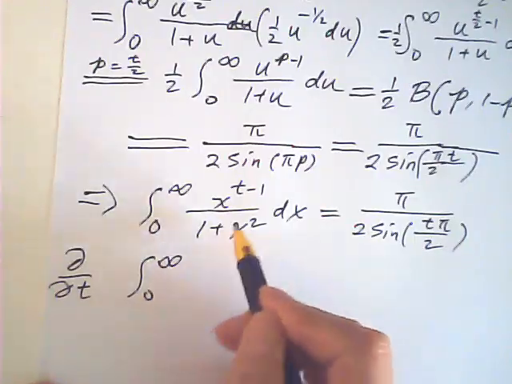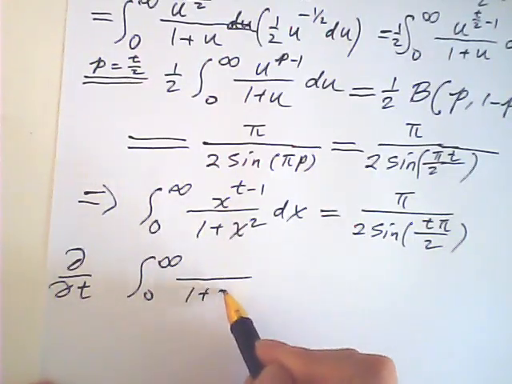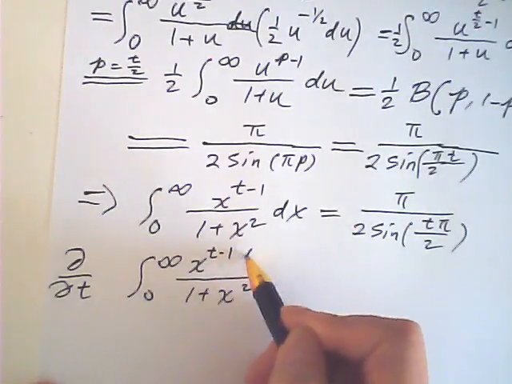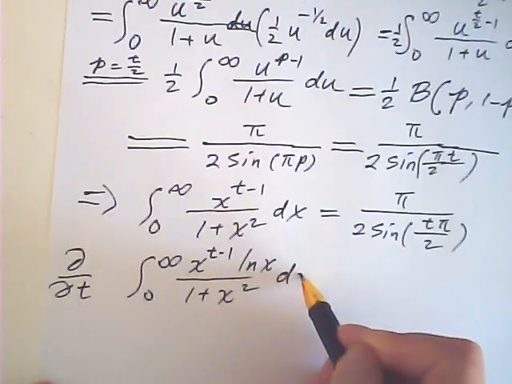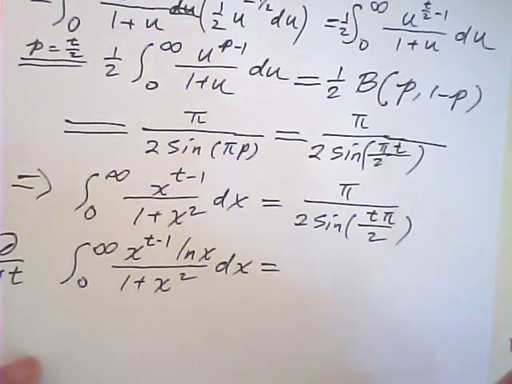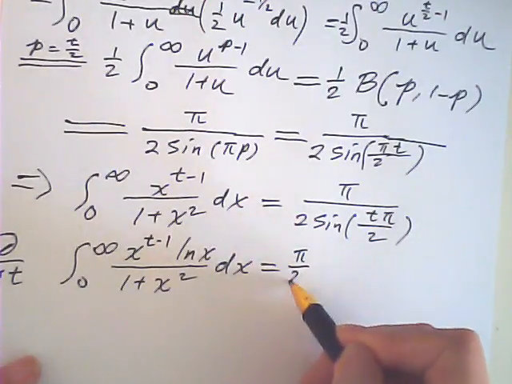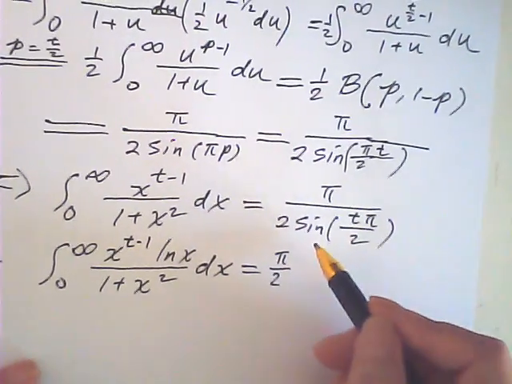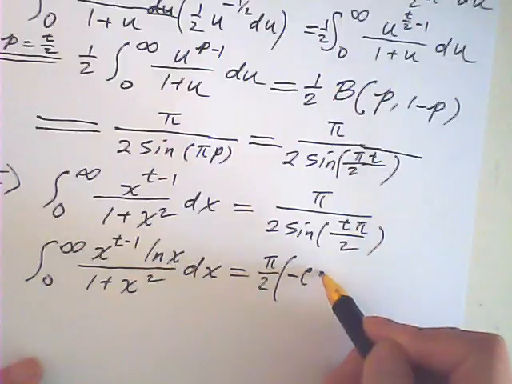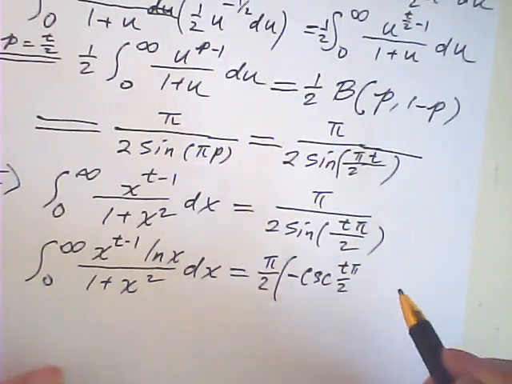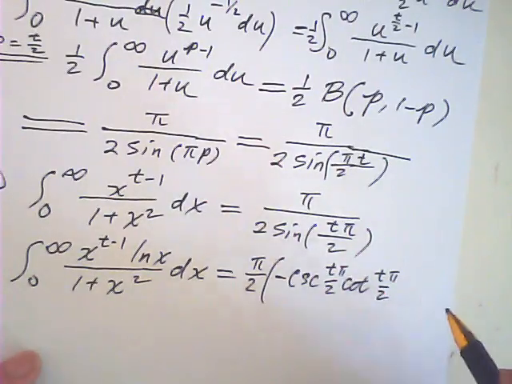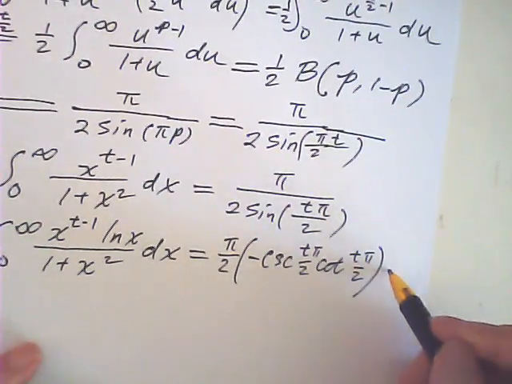Differentiate both sides of the equation with respect to t. On this side, 1 plus x squared is a constant, so no change, and x to the t gives x to the t times log x. On that side, one over sine is a cosecant, so pi over 2 times the derivative of the cosecant with respect to t is negative cosecant of t pi over 2 times cotangent of t pi over 2, multiplied by the chain rule factor pi over 2.